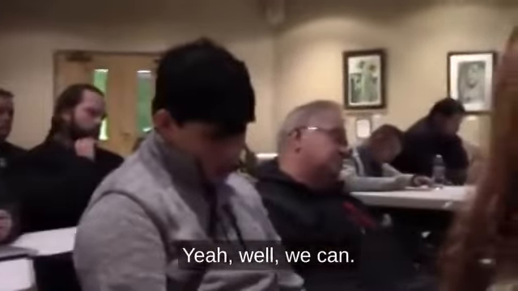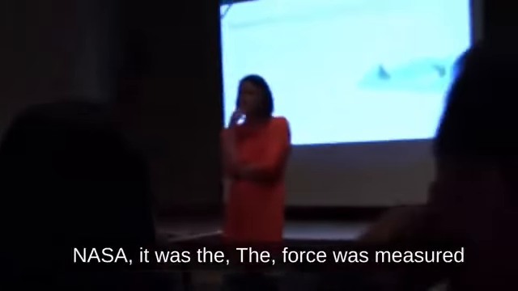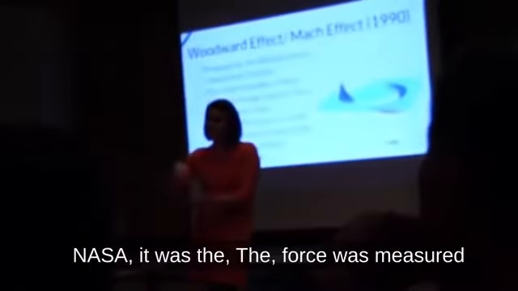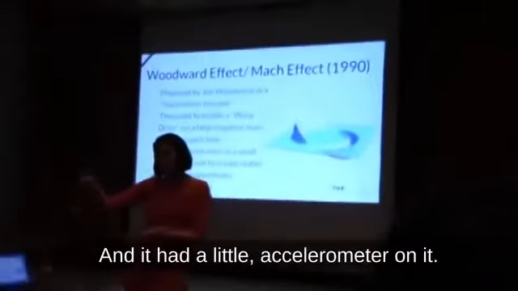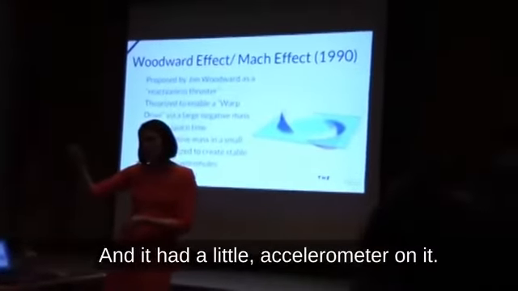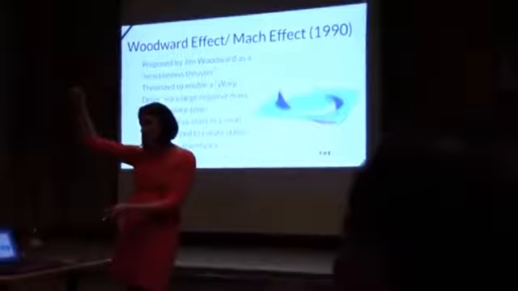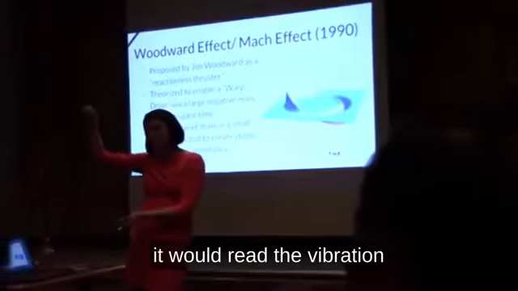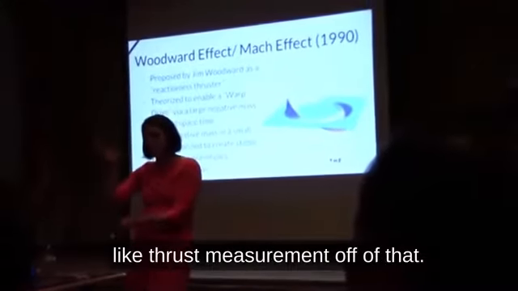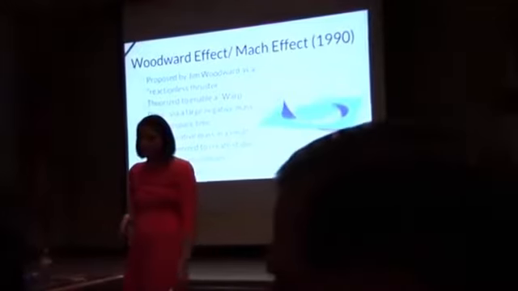Well, the Poyer test that was done at NASA, the force was measured with a little fiberglass rod that went down into the liquid nitrogen vapor, with a little accelerometer on it. They would read the vibration going up the fiberglass rod, and you could get a force, like a thrust measurement, from that.